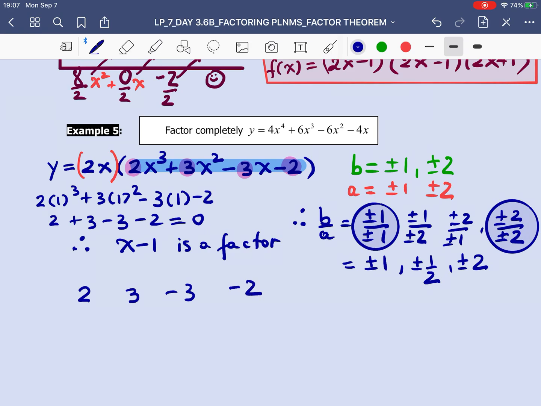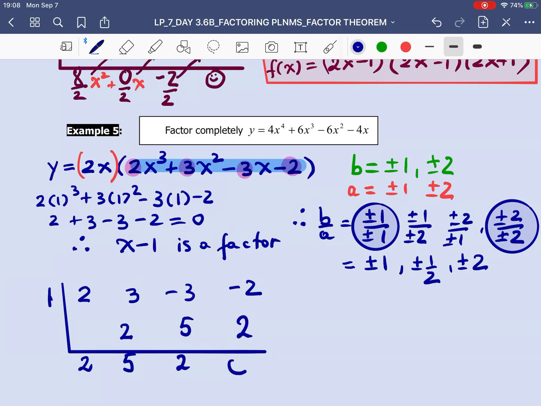So we have 2, 3, negative 3, negative 2. Here goes our half rectangle. And here goes number 1. Bring 2 down to 5, 2, 2, 0 here. So here we go, 2x squared plus 5x plus 2.